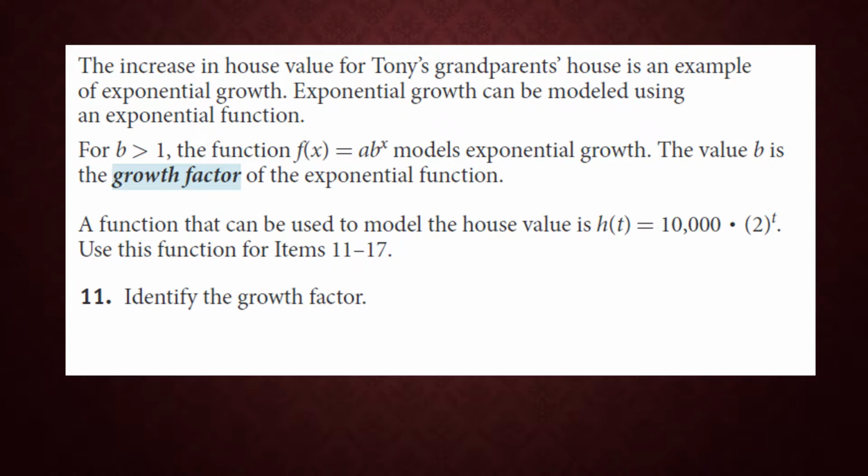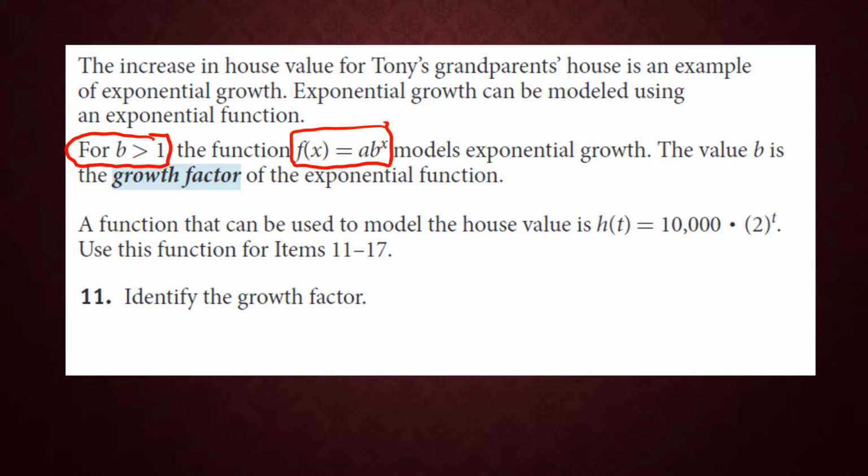So now we're going to understand some of the parts of the equation and what the pieces mean. So the increase in house value for Tony's grandparents' house is an example of exponential growth. Exponential growth can be modeled using an exponential function. As long as b is greater than 1, okay, so b has to be bigger than 1, the function f of x equals a times b to the x power, here's your function for exponential growth, models exponential growth.